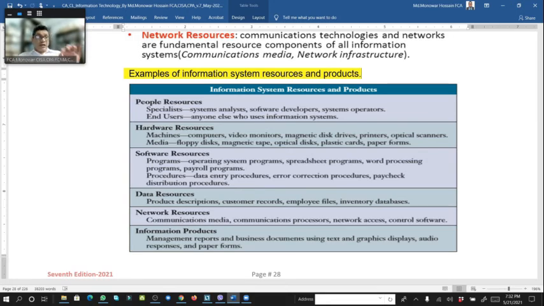Software resources are programs, operating system programs, spreadsheet programs, word processing programs, payroll, etc. Procedures: data entry procedure, error correction process, pay and check process, etc. Data resource: product description, customer records, employee files, inventory database, etc. For example, in HR software, if we input an employee code, all data comes up.